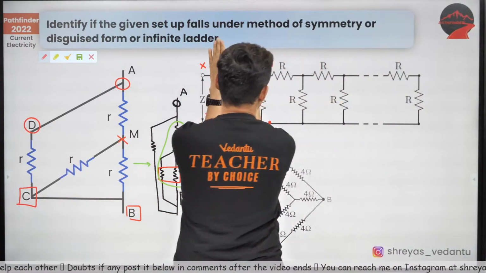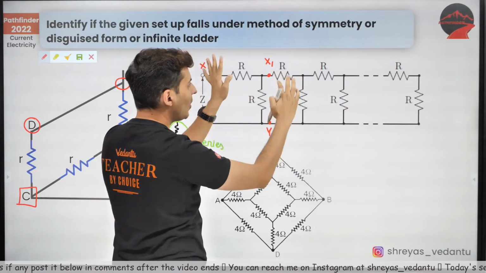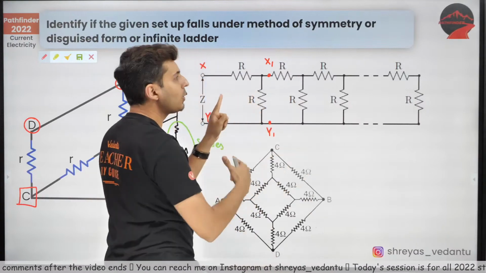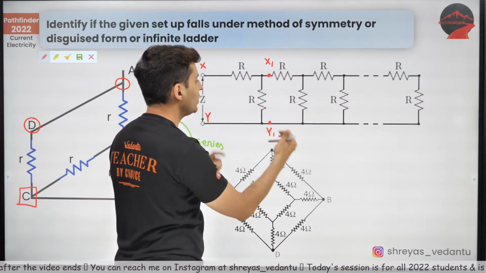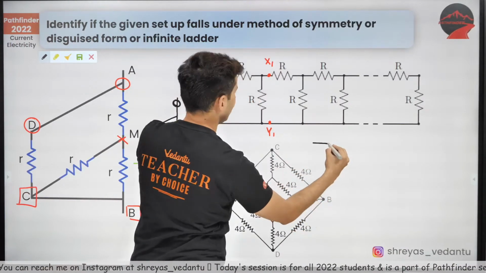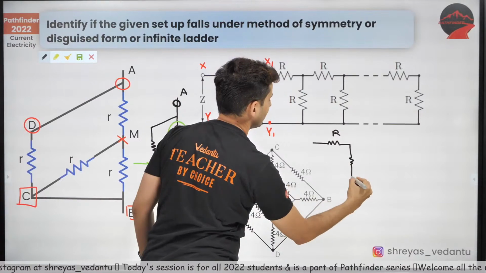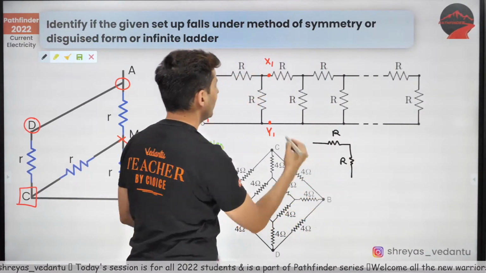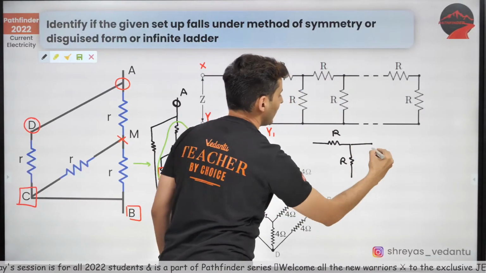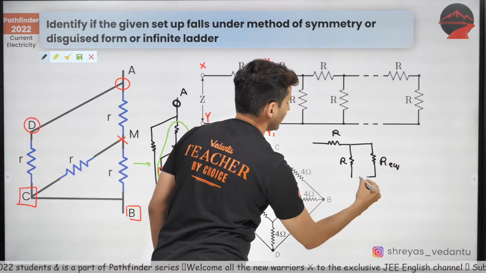Because if I hide this, this is the same thing again till infinity. So how about replacing this entire thing with the equivalent resistance? When you do that, you have this resistance R, and you have this resistance, which is also R, and this entire thing has been replaced by an equivalent resistance. This is R equivalent.